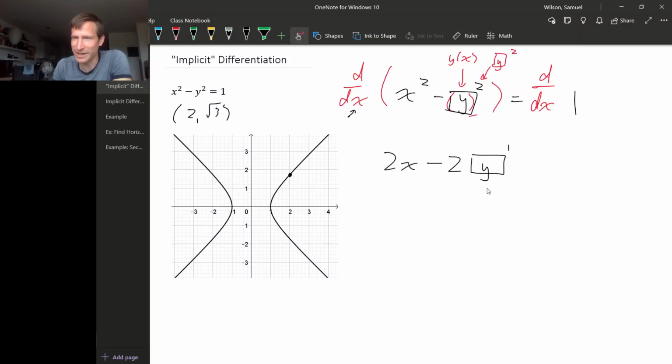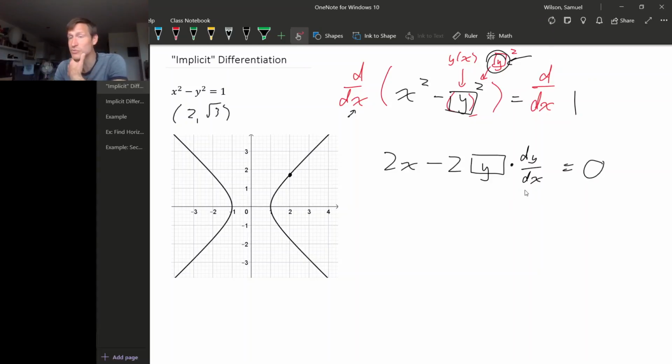But the inside is y, and this is a first power, not a prime. Now the chain rule says we have to multiply by the derivative of the stuff inside, which is y, and the derivative of y is dy/dx. And then on the right-hand side, the derivative of 1 is 0.